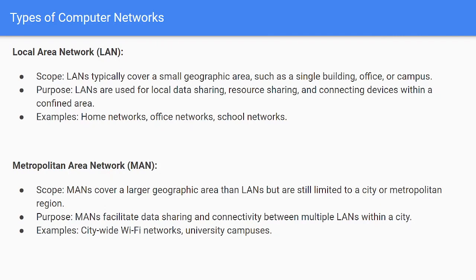Know that. Then the MAN, which is called Metropolitan Area Network, covers a larger geographical area than a LAN, but is limited to a city or metropolitan region. So what this means is, let's say you have a bank, and your bank has different locations in Lagos.